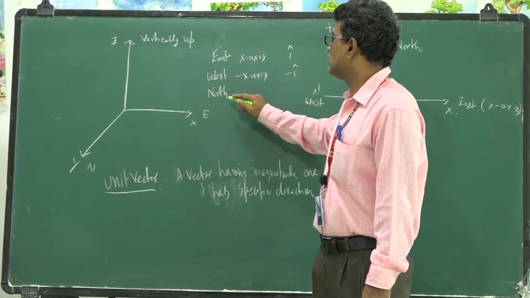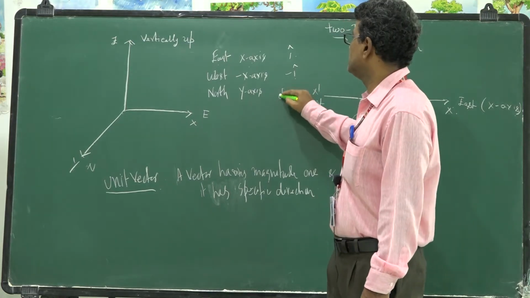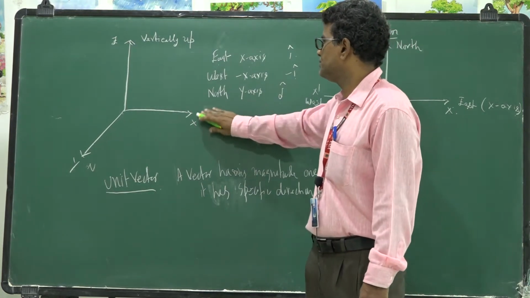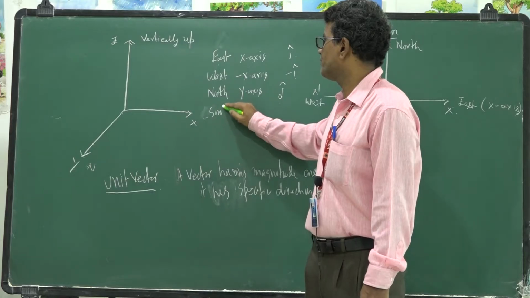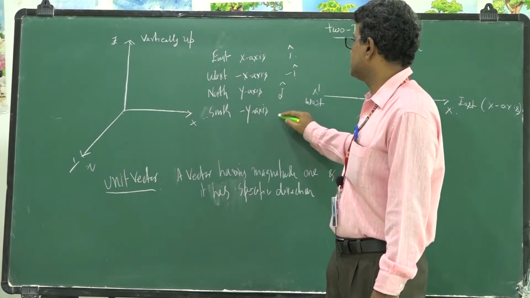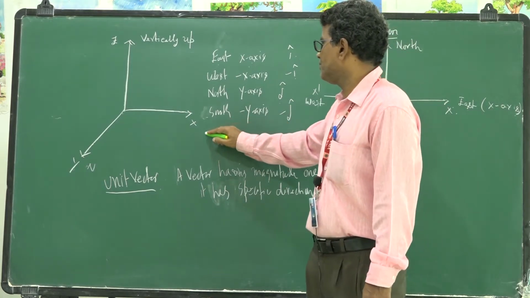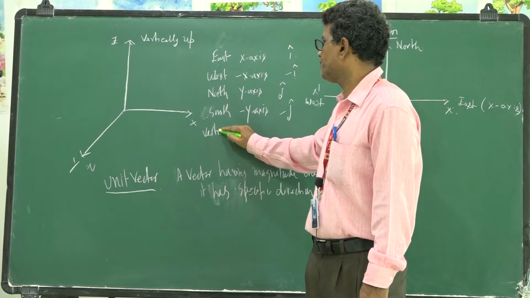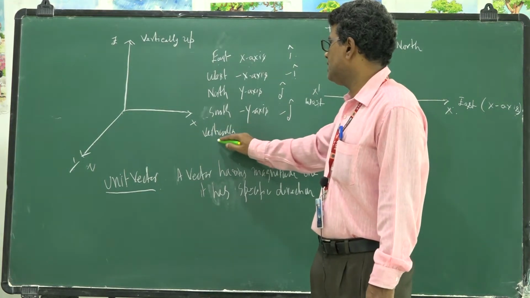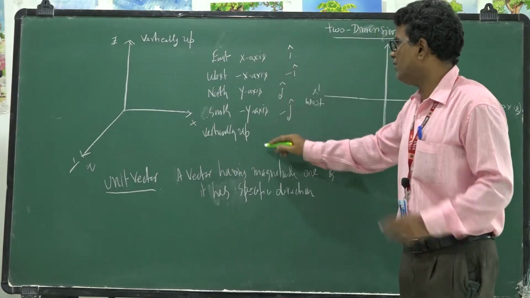North, or the y-axis, we can represent with j cap. South, the negative y-axis, is minus j cap. Vertically up, how is it taken?